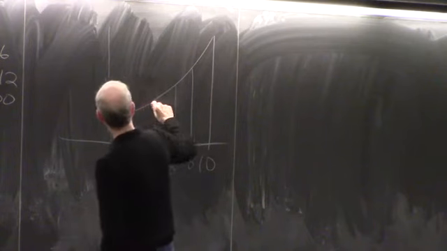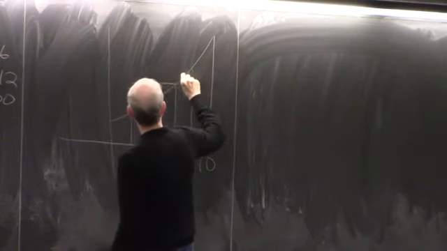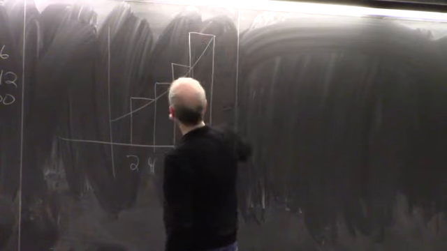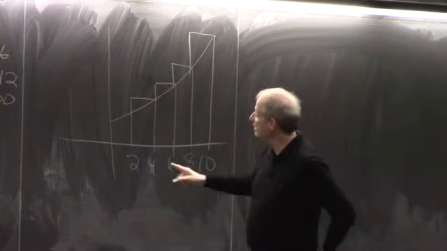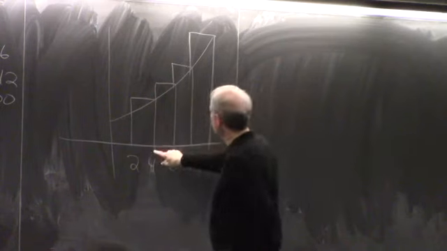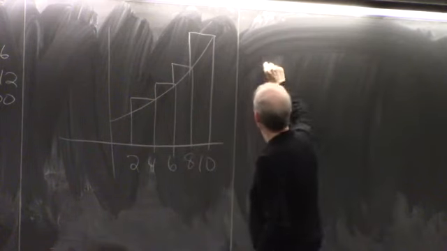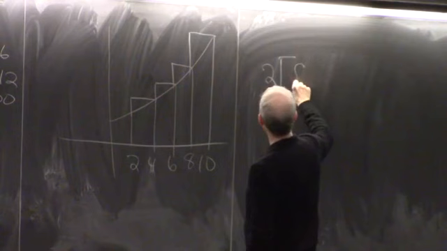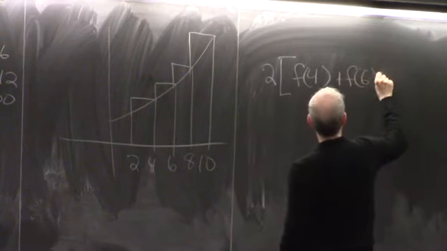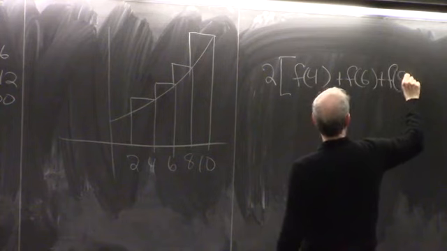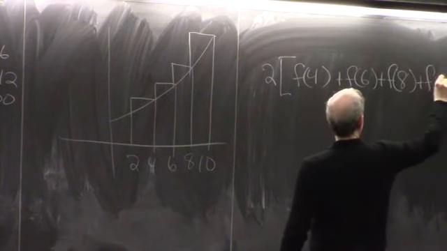So the right-hand rectangles would look like this. So they're going to overestimate. And let's find the area of each of those. Well, each of them is 2 wide. And then you would do f of 4 plus f of 6 plus f of 8 plus f of 10.